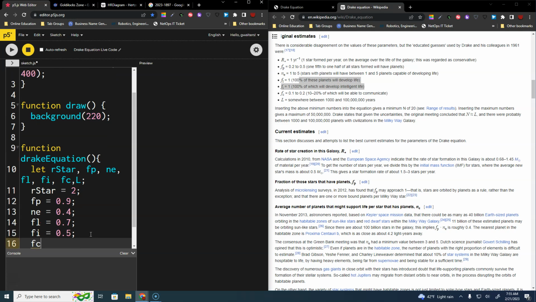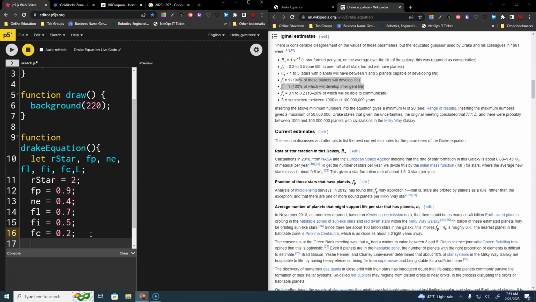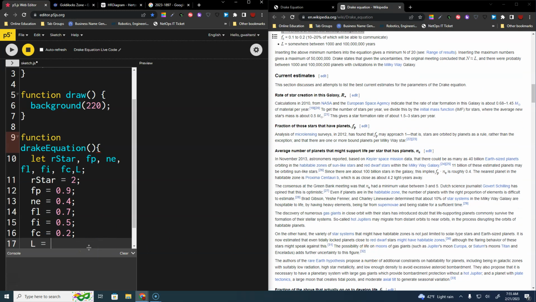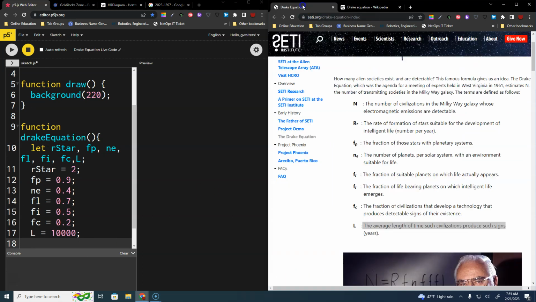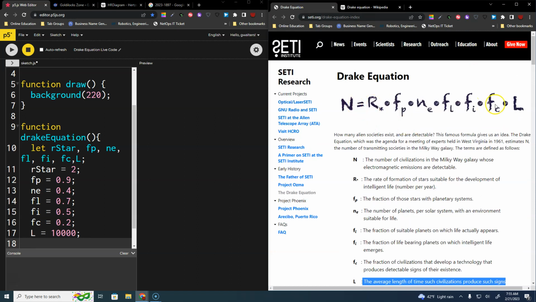For those that are able to communicate, I'm going to say it's much lower. So let's say 0.2, only 20% of those. And then for my L, let's say 10,000 years. Okay, so that is my equation. Now, when we look at how this is built, everything is multiplying.